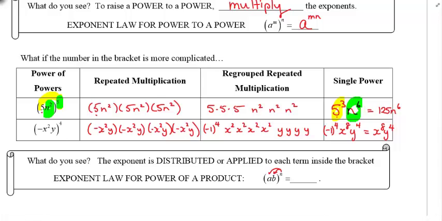So that's why we call this the distributed part. We're going to distribute the exponent now to each of the bases inside the bracket. Okay? So this is called the exponent law for a power of a product, because inside the bracket you have a product of 2 things or more, and you're distributing the exponent into both of those things.